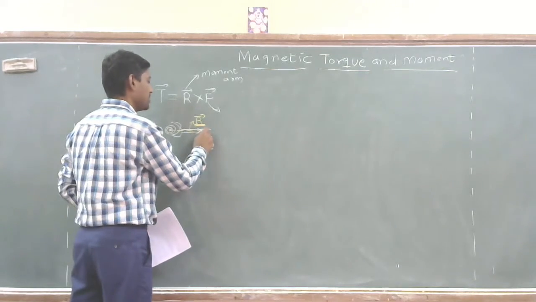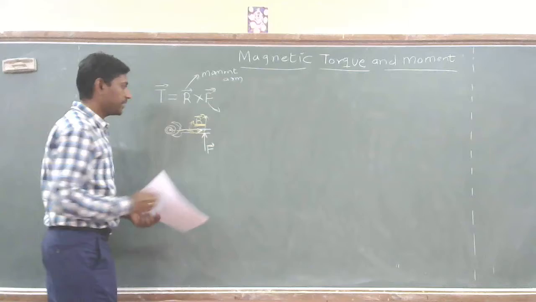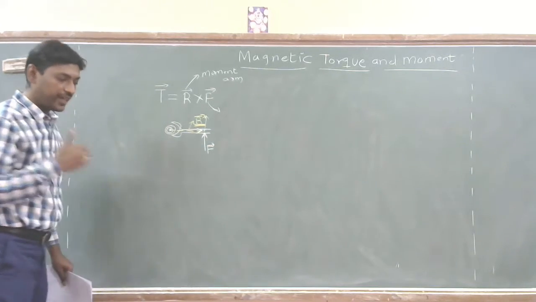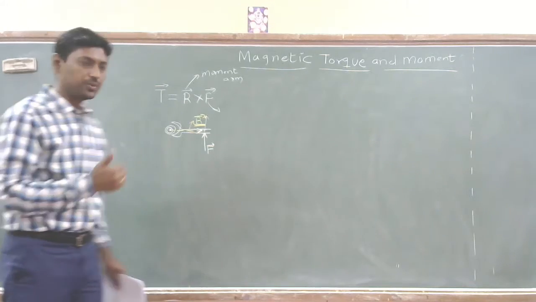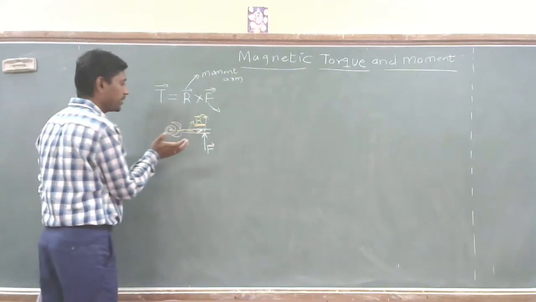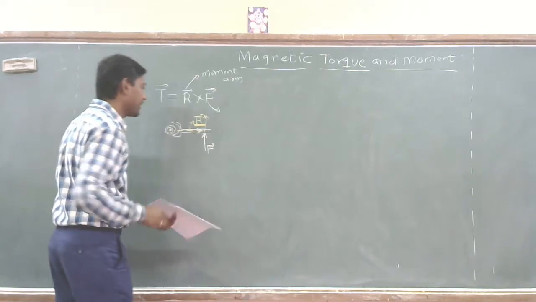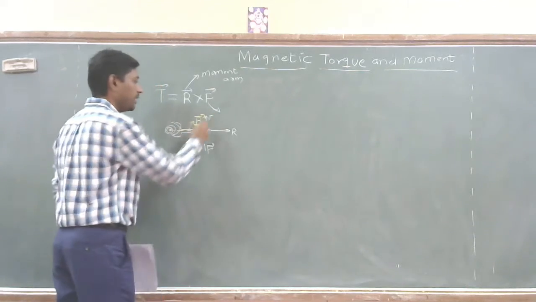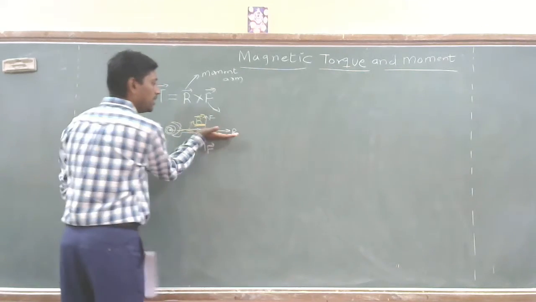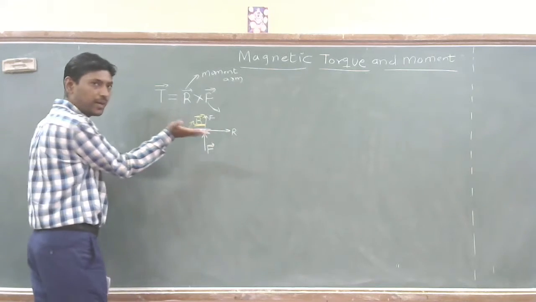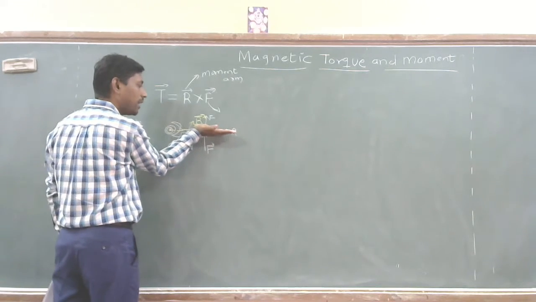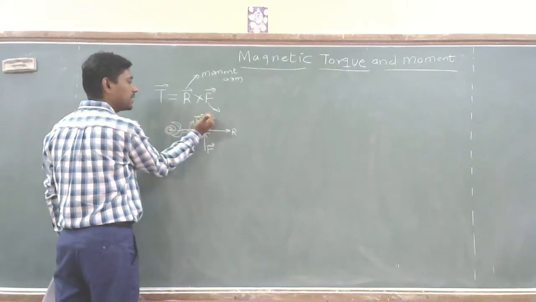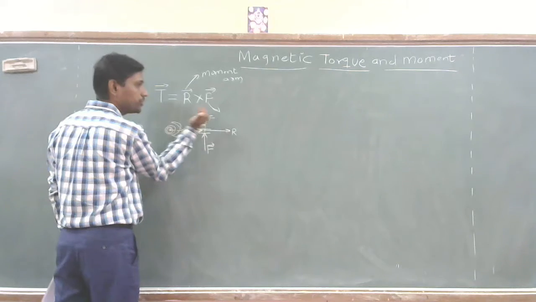We can find the direction of the cross product using the right hand rule. This is my R and this is my F, an R cross F. You take your palm along this R and turn towards the F, and the thumb will point in the direction of the torque.